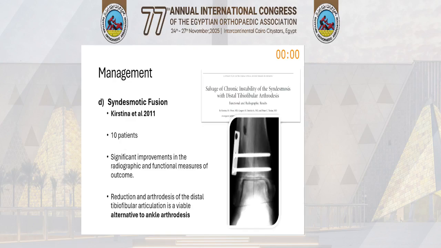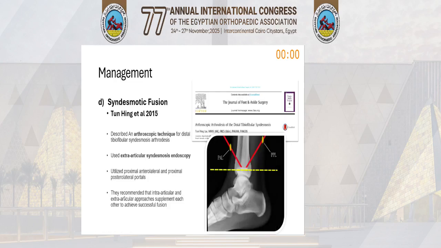Examples of syndesmotic fusion: Christina et al. in 2011, on 10 patients, found significant improvement in radiographic and functional measures of outcome. The conclusion of this paper was that reduction and arthrodesis is a viable alternative to ankle arthrodesis. Also, Tunhing et al. in 2015 described the arthroscopic technique for distal tibiofibular syndesmosis fusion.